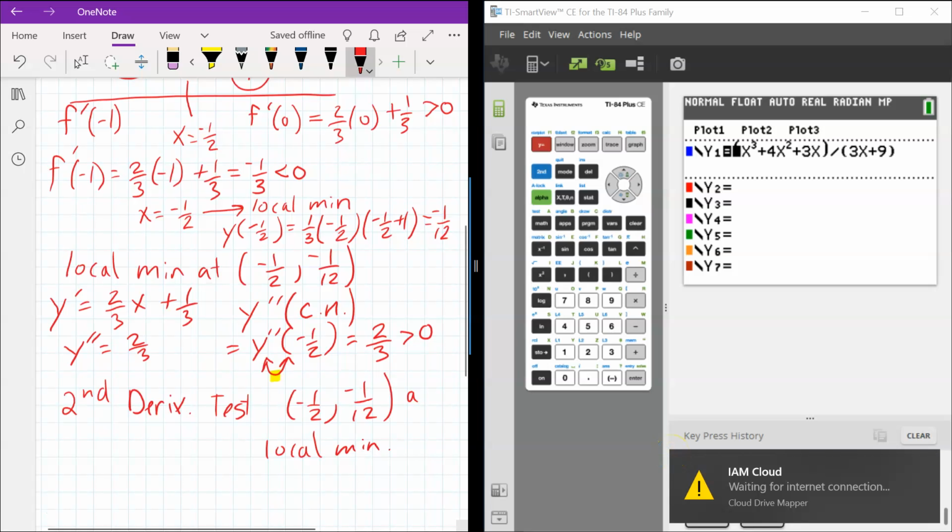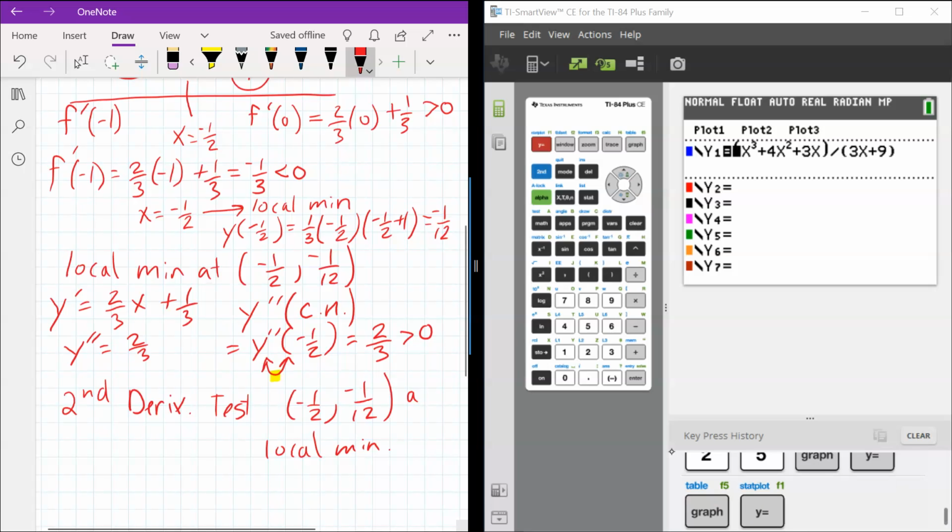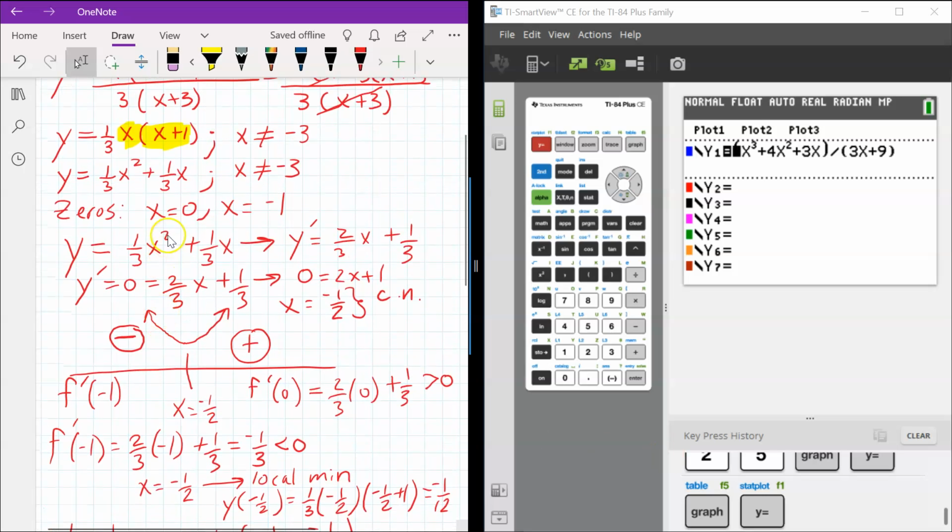Now we don't need to check for any type of asymptotes here because we do know the behavior of a parabola. So what we have here is it's not defined at -3. We have a local minimum at -1/2, -1/12, and we also found that there are zeros at 0 and -1. So maybe I'll highlight that because it is somewhat important here.